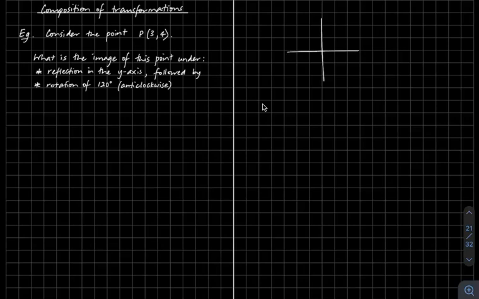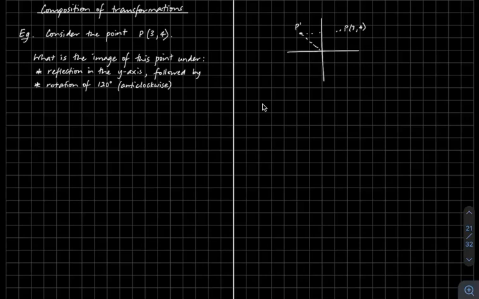We've got a point with coordinates 3, 4. And we're first of all going to reflect that in the y-axis, so it's just going to come across the y-axis here. So let's call that first image point P dash. And then we are going to rotate it anti-clockwise about the origin by 120 degrees.